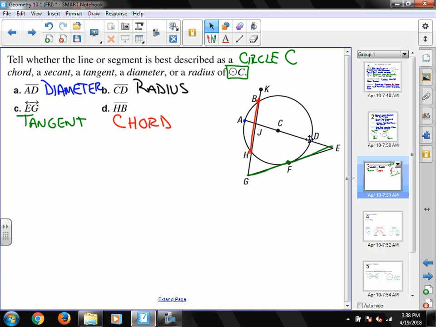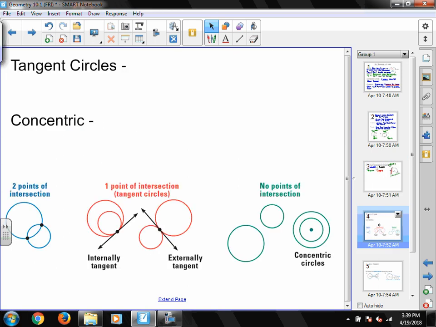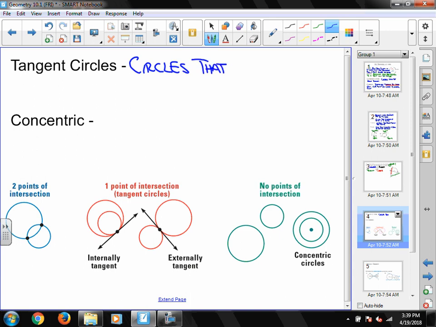So there's the first part that we want to take a look at. Next, we want to take a look at tangent circles. I promise we're almost out of words to define here. It combines what we know about tangents and circles. Tangent circles are circles that intersect in exactly one point.